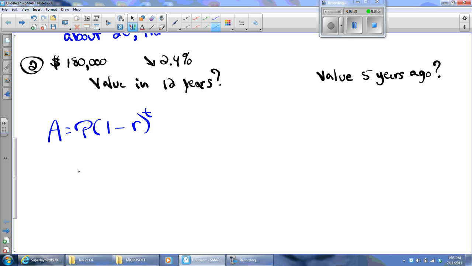Okay, I'm going to fill in everything I know. So A is going to equal 180,000 times the quantity of 1 minus, remember, divide by 100 to convert that to a decimal, 0.024, and then raise it to the power of years and time. I can go to a calculator at this point. 180,000, 1 minus 0.024. Oops.